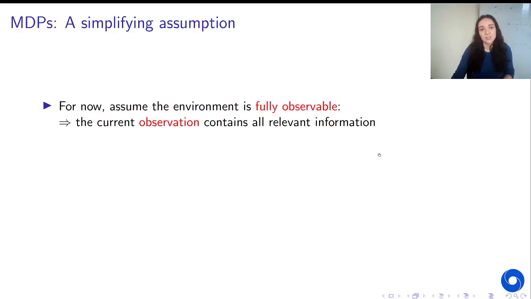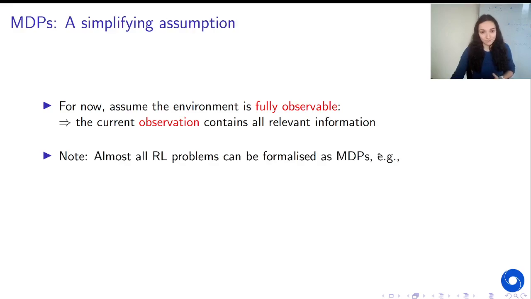For now, we're going to assume that the environment is fully observable. That is, the current observation that the agent sees contains all the information relevant to make all predictions in the future. Note that almost all RL problems can be formalized as MDPs, so this is a very encompassing paradigm.